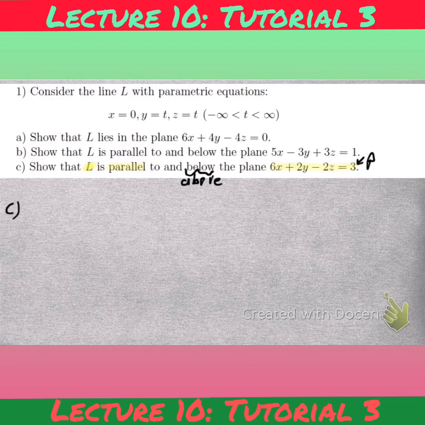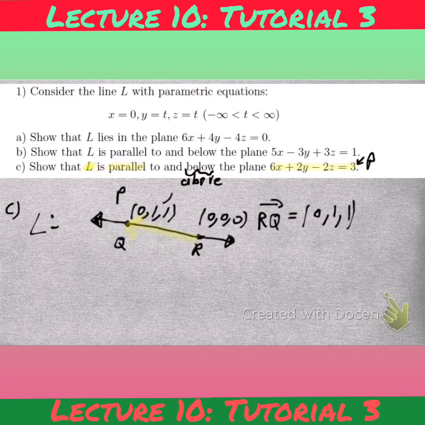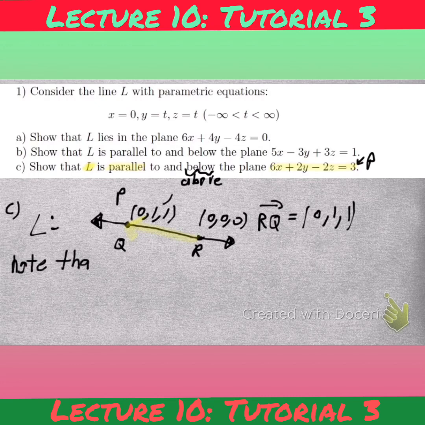You take your line, the one that we talked about previously, the same vector, and note that the normal vector for the plane P is the vector (6, 2, -2).